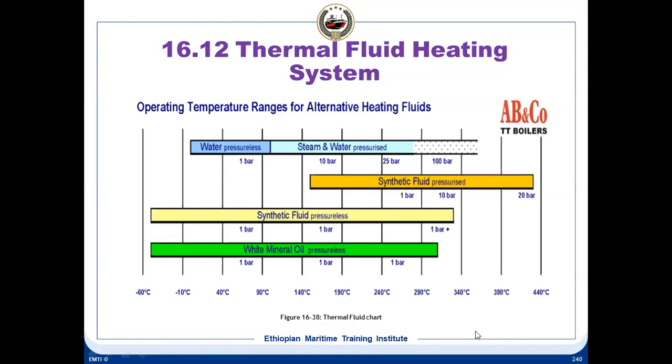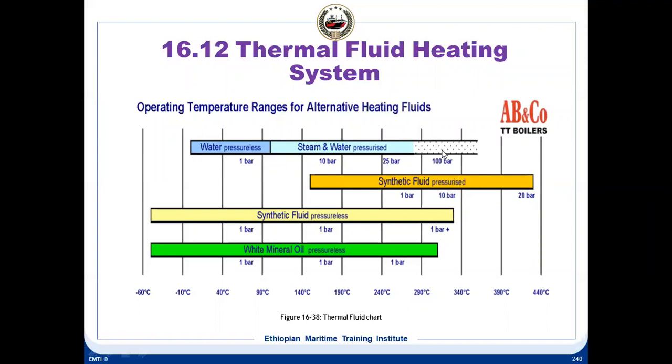When setting up heating systems using water and steam at these high temperatures, the systems and the components have to be designed for higher pressures with consequent strength requirements of special pressure vessels. As you can see here, we are already talking about 100 bar. At 20 bar, it has gone to almost 430.